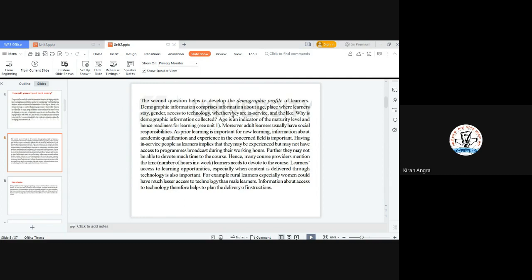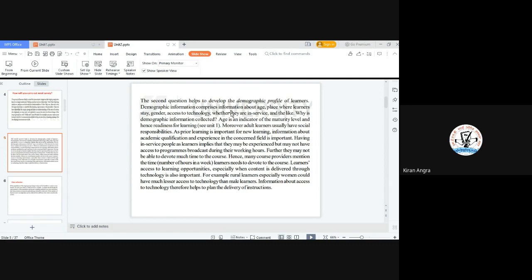As new learning is important, information about academic qualification and experience in the concerned field is taken under this profile. Having in-service people as learners implies that they may be experienced but may not have access to programs broadcast during their working hours.